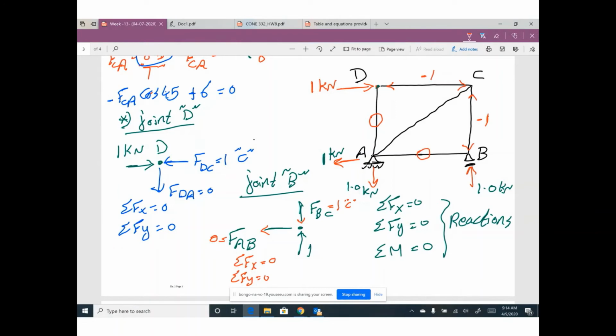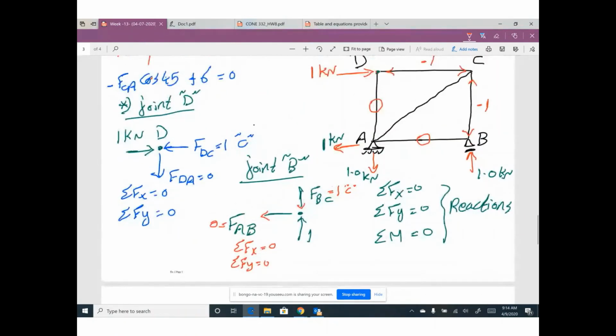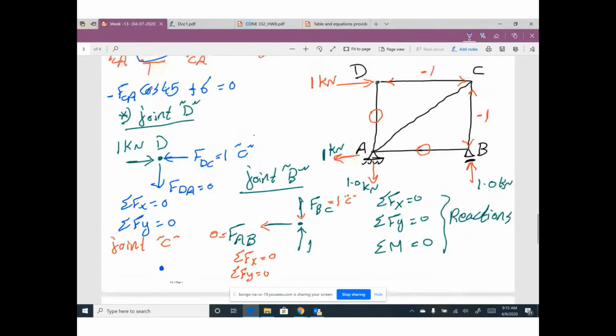We are looking for member AC, so you can apply joint equilibrium at C. Let's try joint C. What do you have at joint C? I have horizontal force 1. I have vertical force 1. I have inclined member. I expect it will be in this direction.